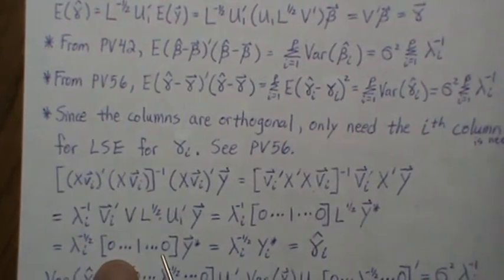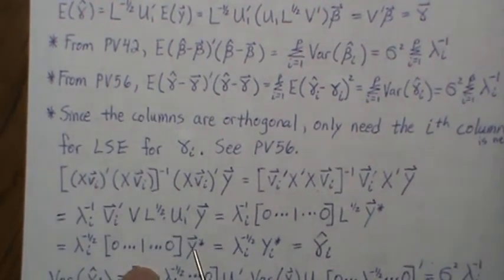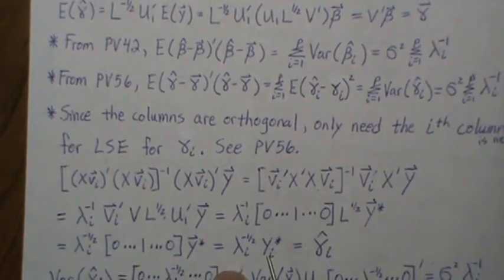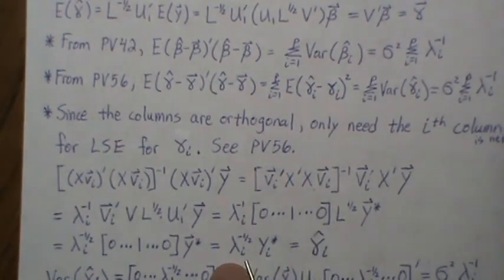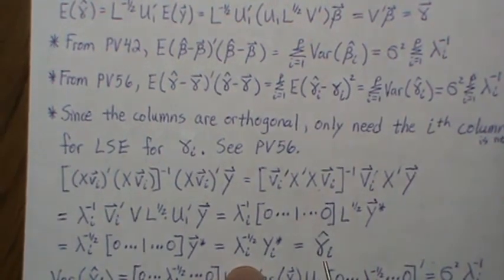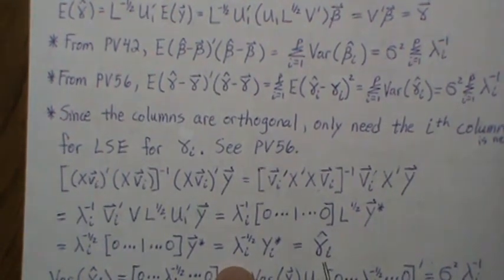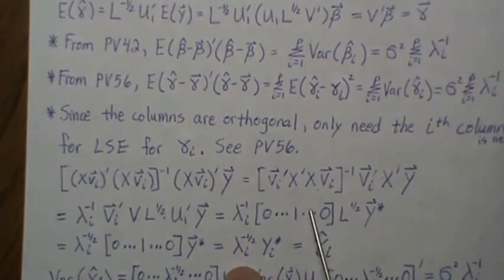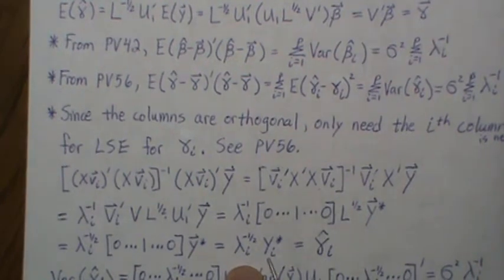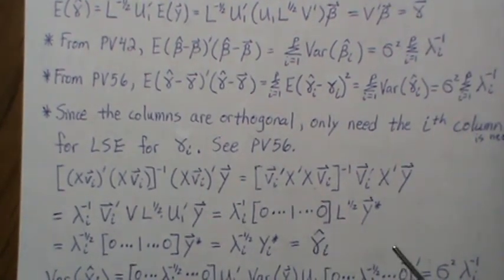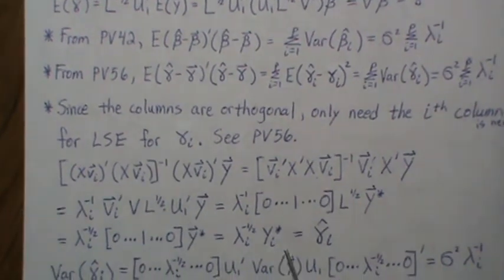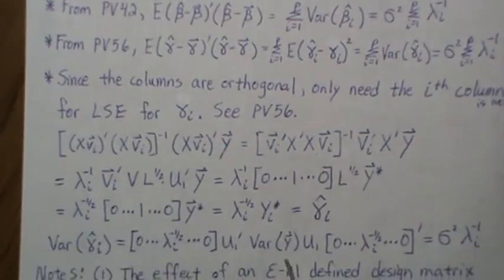And then we multiply it times this y vector, and we just pick off the ith component of yi star. Well, this is what we have called the least squares estimate for yi hat. And if you look at my previous video 56, that's exactly what we derived using the whole model. But since they're orthogonal, we only need the ith column. Anyway, I like that property.